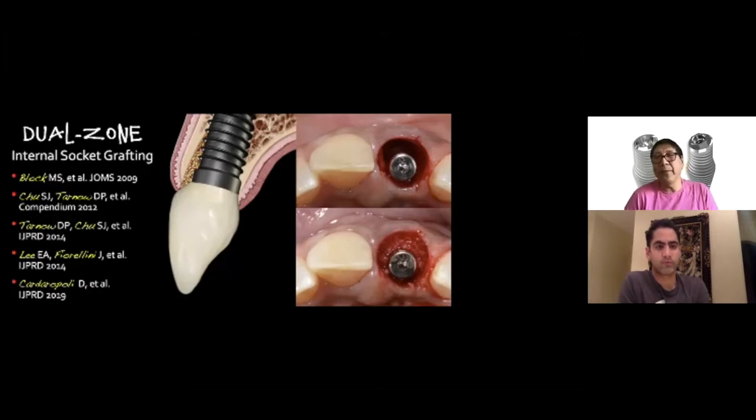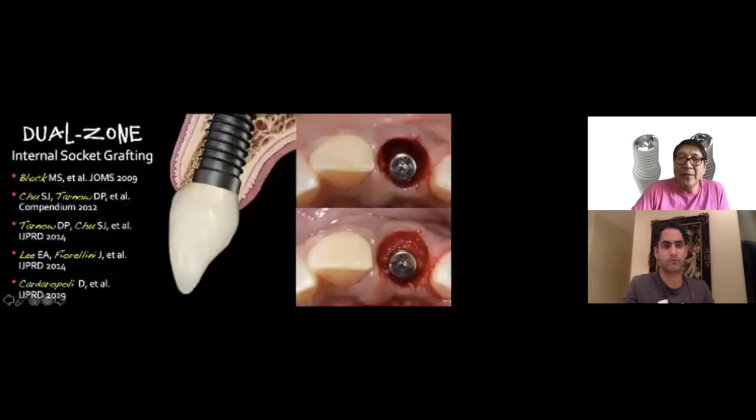And the beauty with immediate therapy is that if everything is there, we're just trying to maintain and preserve it. So the concept originally was just grafting where the buccal plate was, but we've also enhanced it to add graft material into the soft tissue zone.